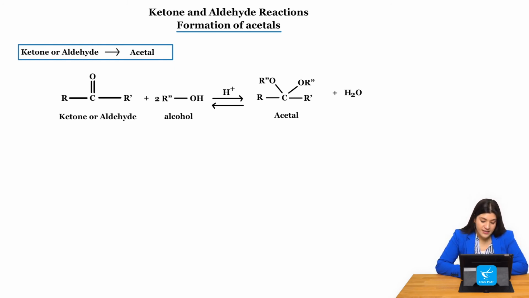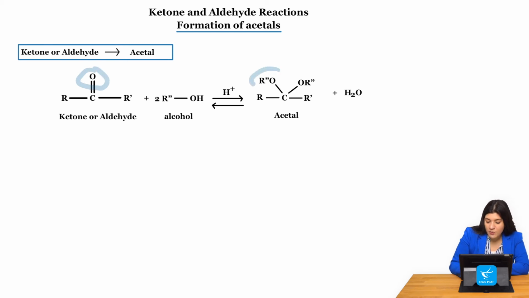I know that this is what an acetal would look like, where I have that carbon, and it is connected to an oxygen and an R group, an oxygen and an R group. So all I'm doing here is adding a ketone or an aldehyde, and I have 2 alcohols and acid. It's really the same sort of concept where I'm removing this carbonyl group, and I'm now replacing it with these 2 OR groups.